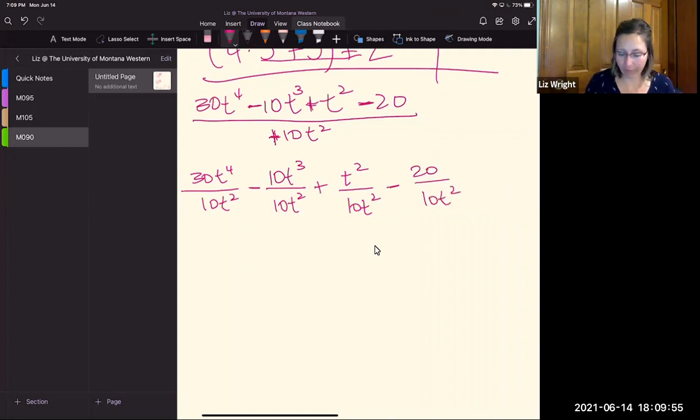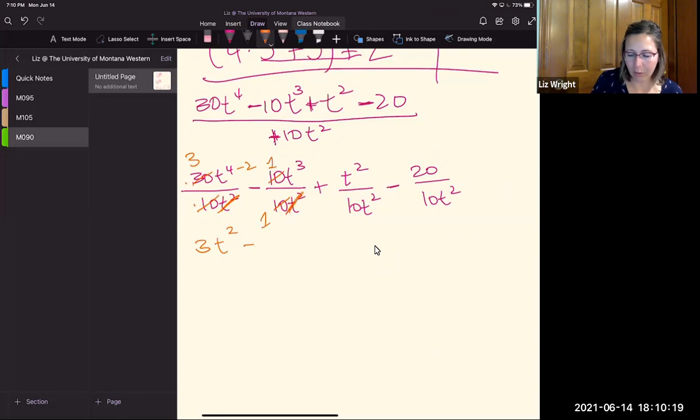And now start simplifying and see what happens with our simplification. So 30 over 10 on this first one is going to give me 3. And then I'm taking these 2 off from up top. So you should be left with 3t squared minus, the 10s are going to reduce as 1 over 1, right?